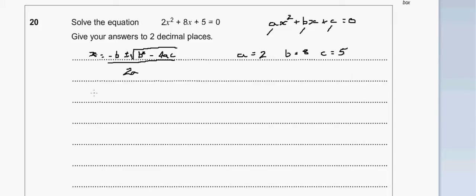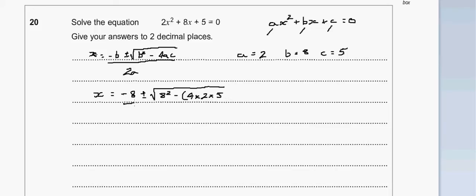So we can say that x equals, now it says minus b. Now b is 8, so this will be minus 8 plus or minus the root of b squared, so this will be 8 squared, minus, now I tend to put a bracket here, 4 multiplied by a, which is 2, multiplied by c, which is 5.